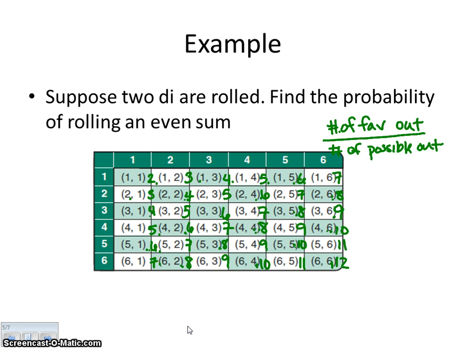So we have a total of 18 favorable outcomes over a total of possible outcomes, which in this case is, well, we've got 1, 2, 3, 4, 5, 6, and we have 6 rows of 6, which makes 36. Okay, but we want to write that, of course, in lowest terms. So this is actually 1/2. So the probability of rolling an even sum with 2 dice is 1/2.